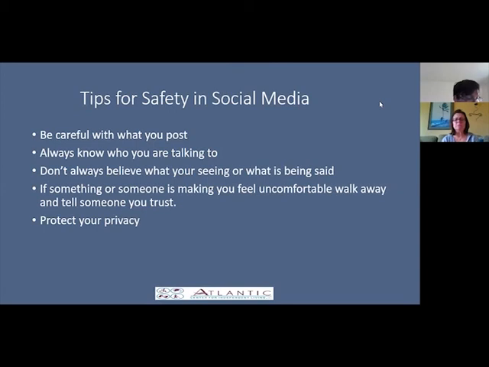So if someone is making you feel uncomfortable, absolutely walk away, shut them down, block them, but also tell somebody that you trust, because they might see something in that message or that post or that blog that perhaps as a younger person you don't understand, and they might need to take it to another level, ensuring that that person doesn't enter your social media again. Protect your privacy.